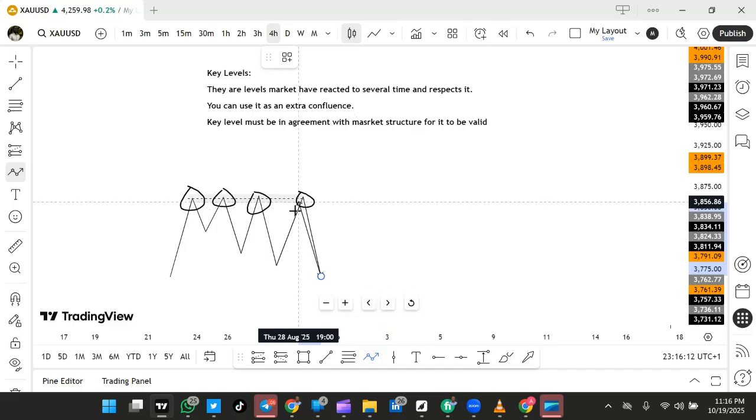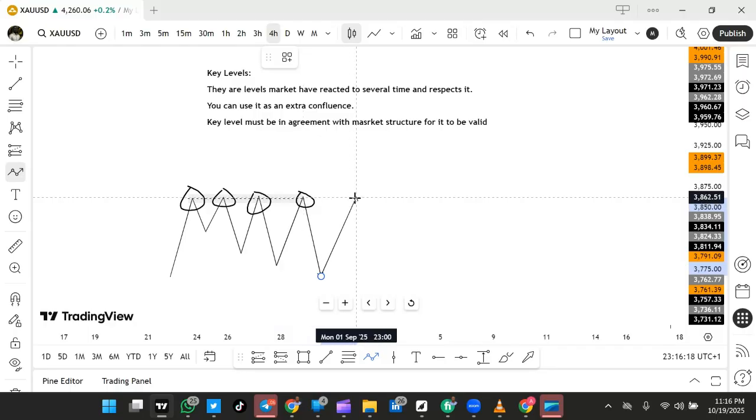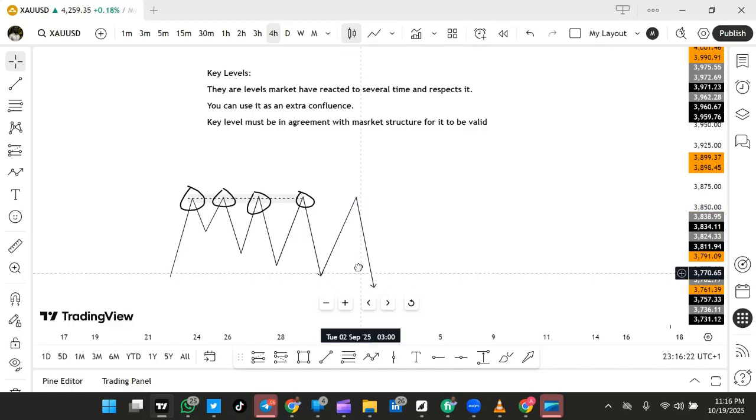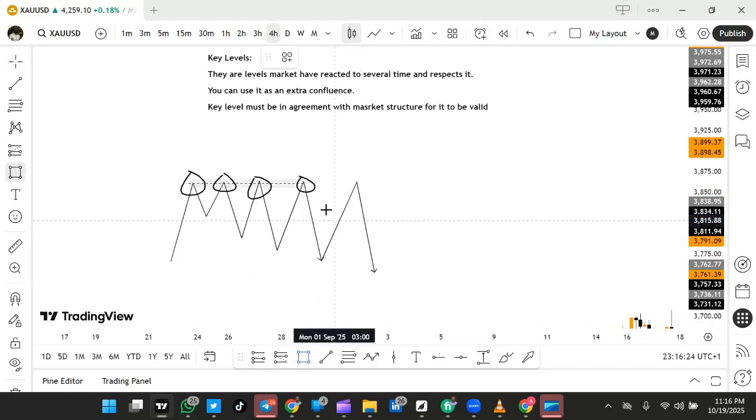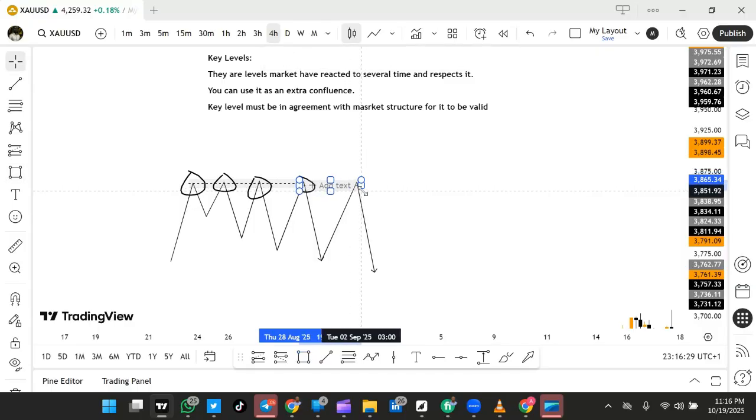What are you anticipating here? You're anticipating the market to reverse, come back to the same level, and then bounce back. So as a normal SMC trader, you're just waiting for the market to come back to your supply zone, then get your entry. So this key zone has given you extra confidence or confluence.